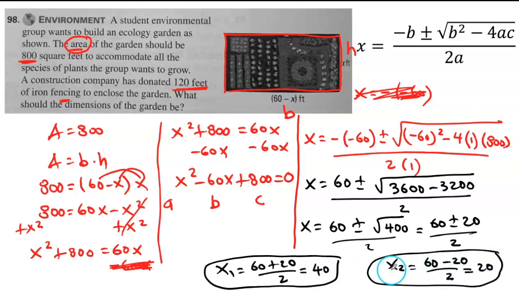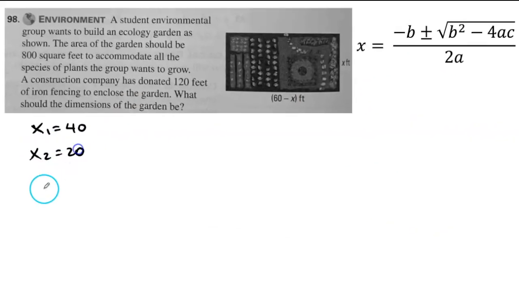All right, so we have 40 and 20. Let's erase and let's plug it in. If I replace the 40, then it's going to give me 60 minus 40, which is 20. And here it's going to be 40, right? So it's going to be 20 by 40, because the question is, what should the dimensions of the garden be? In this case, it's going to be 20 by 40.